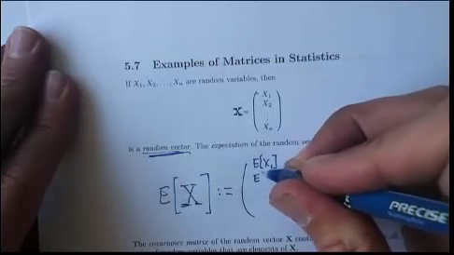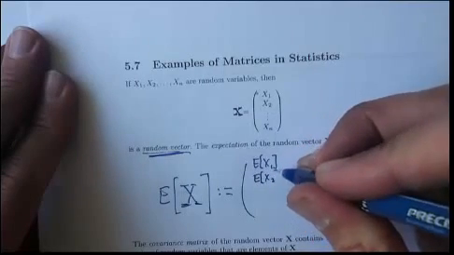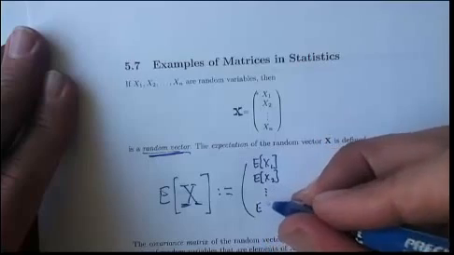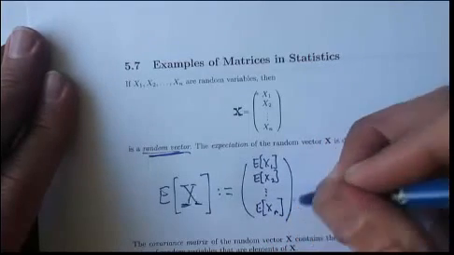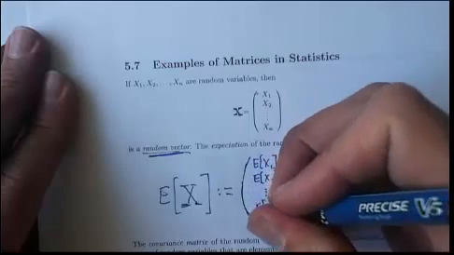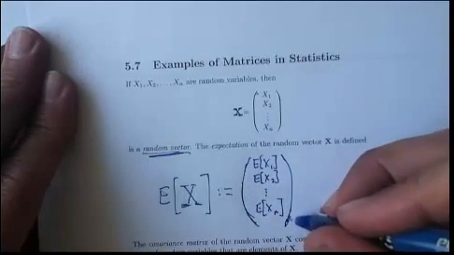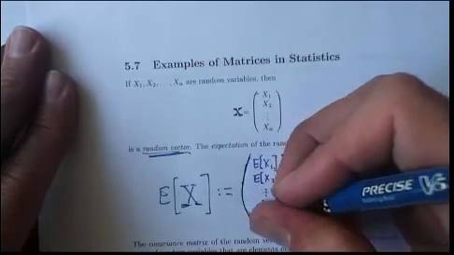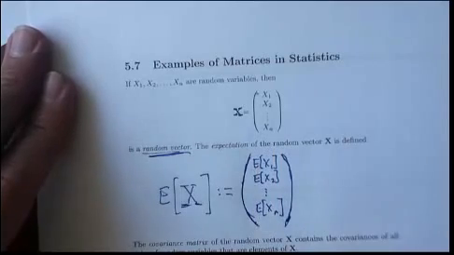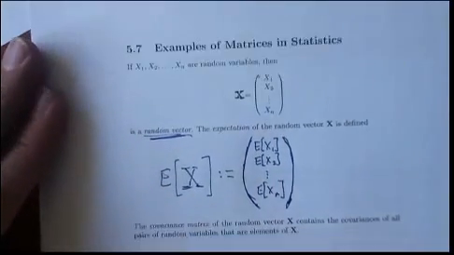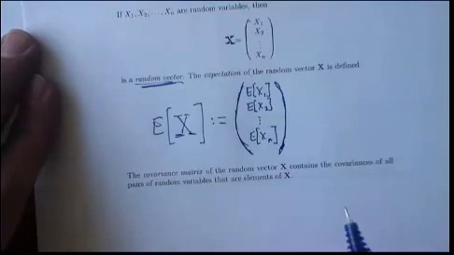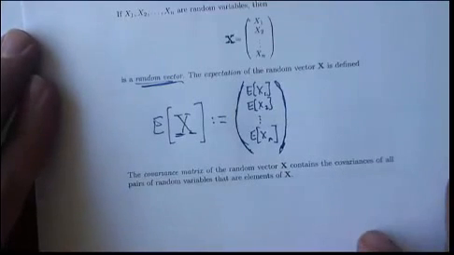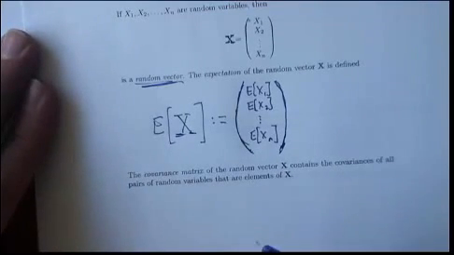So I just take the expected values of each one of those random variables and stack them in a vector. It's the center of mass, if you will, of the random spatial distribution there. The covariance matrix of a random vector x contains the covariances of all the pairs of the random variables that are elements of x.